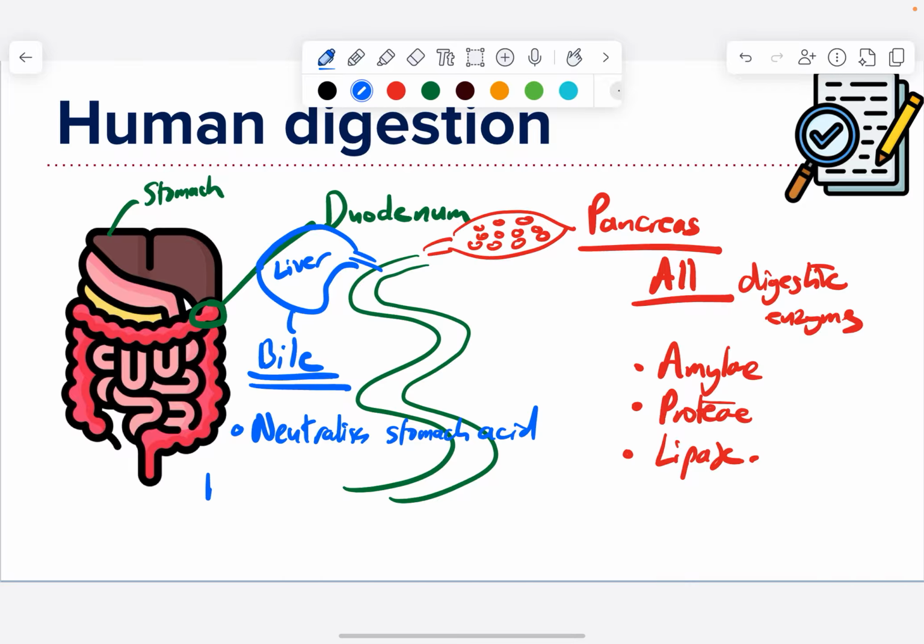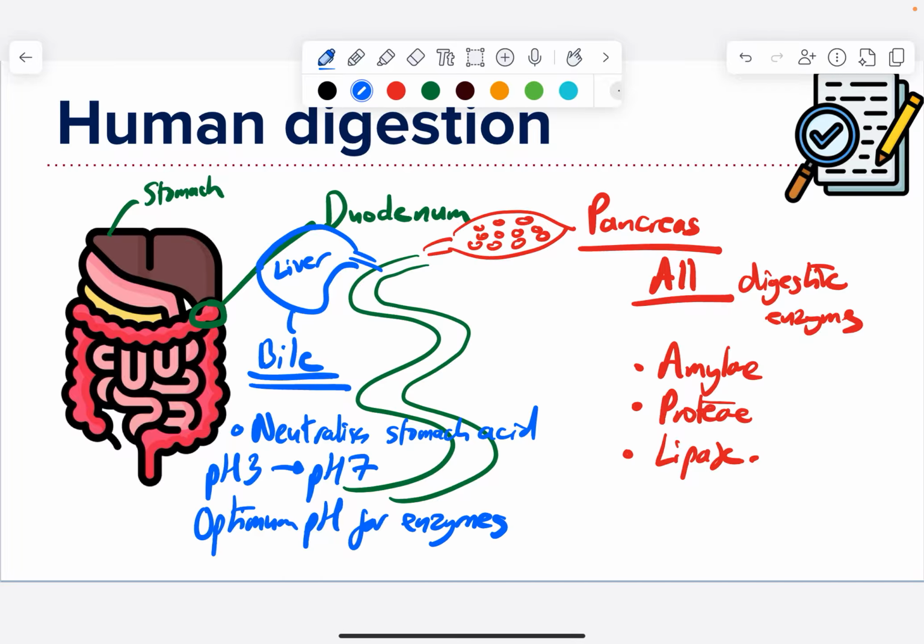If you think, all of the food that leaves the stomach is at about pH 3, we want it to be at pH 7 because that provides an optimum pH for enzymes. None of the enzymes in the small intestine would function if we didn't have bile.